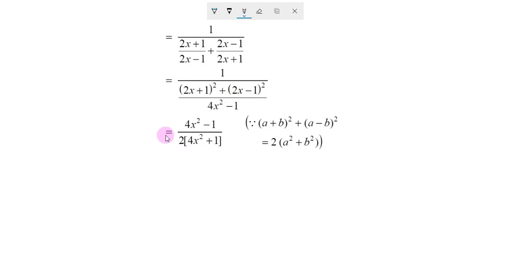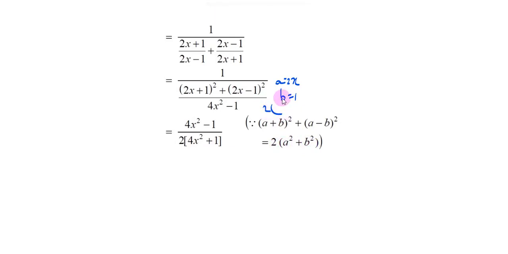Okay, now I told how we get this equation. Understood? Okay, now I say how to apply this equation to this form. A equal to 2x, b equal to 1. Just compare. So what is the right side? 2 into a square plus b square.